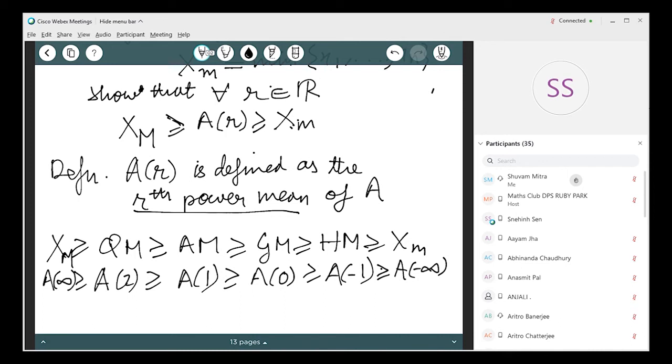So this involves all the numbers ever possible. The argument over here can be all numbers ever possible between x small m and x capital M, and that's basically a claim, but that's pretty advanced.